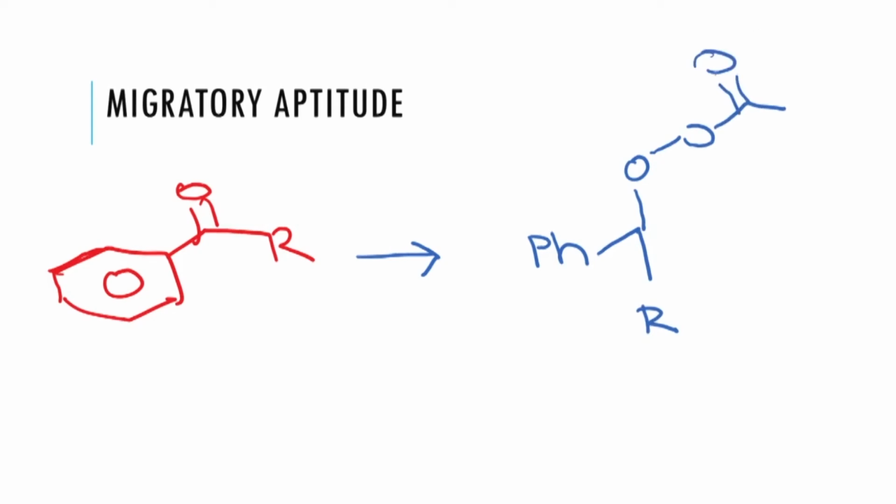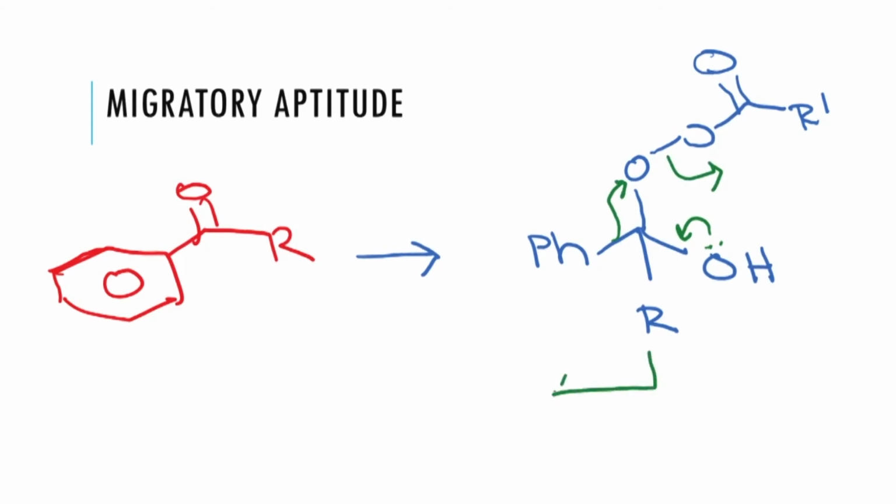Let me draw out the intermediate so that we can understand what I'm talking about. You have this intermediate that we have seen. There's an oxygen, C double bond O, let's say R prime, and then you have OH. In possibility 1, this lone pair comes in here and the phenyl ring migrates and kicks out the carboxylate.